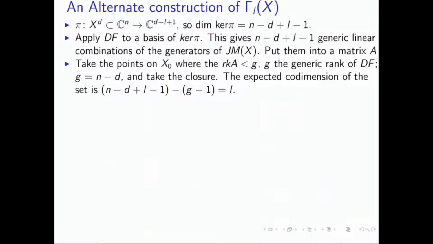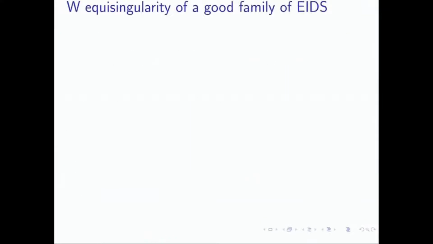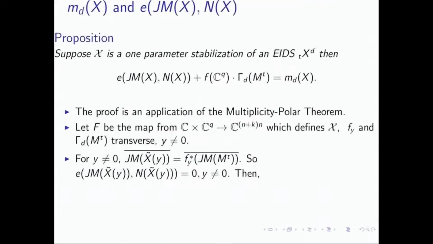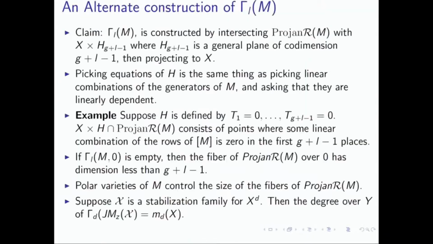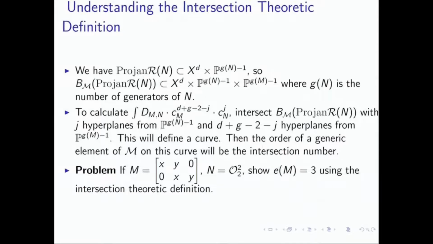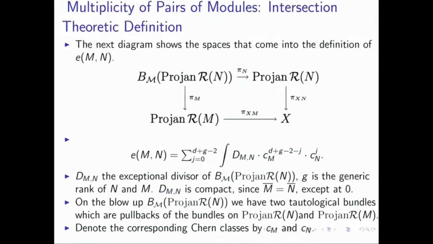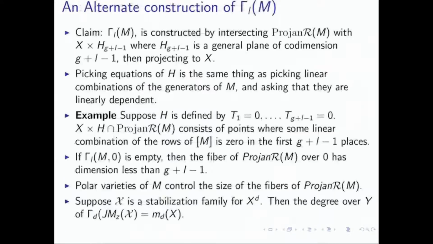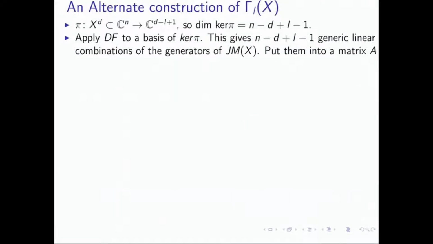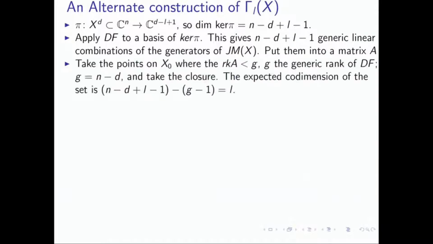So the expected dimension for matrices of this size turns out to be L. That's the codimension, just as we hoped for.